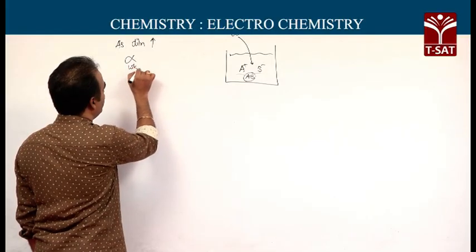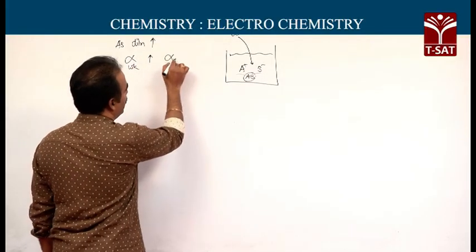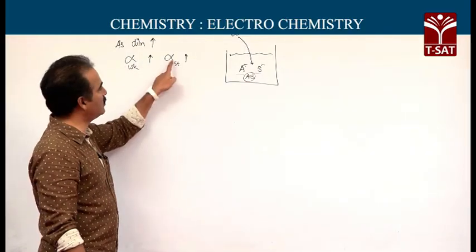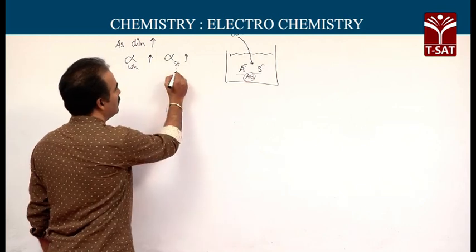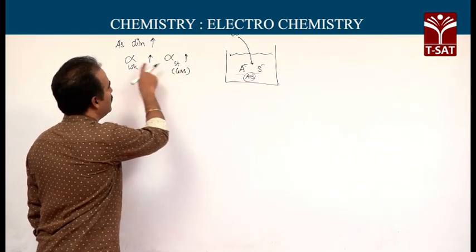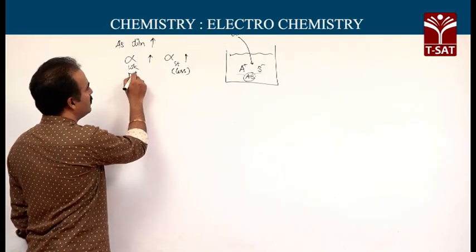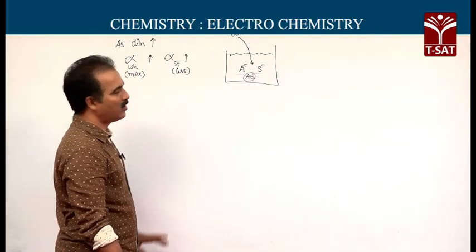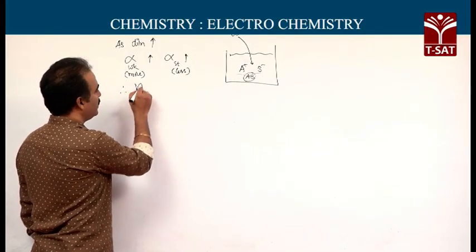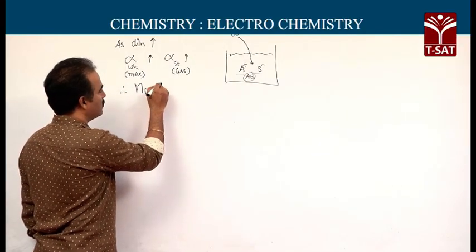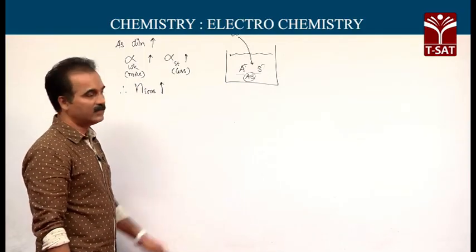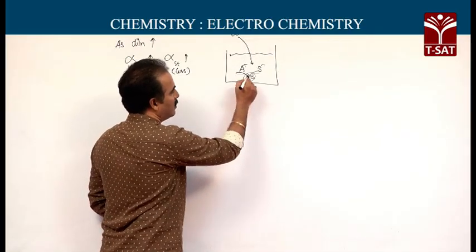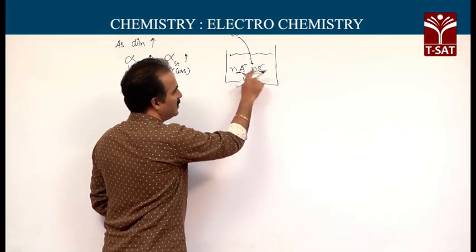Alpha of weak increasing, alpha of strong also increasing, but the increase in the degree of dissociation of strong electrolyte is less and the increase in the degree of dissociation of weak electrolyte is more. So, both are increasing and producing more number of ions. Therefore, we get more number of ions. So, as dilution increases, degree of dissociation increases, automatically number of ions also increases.